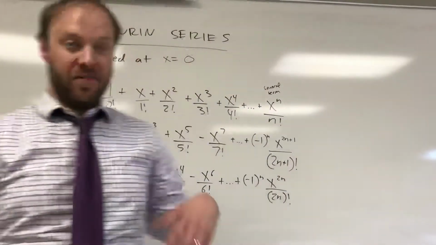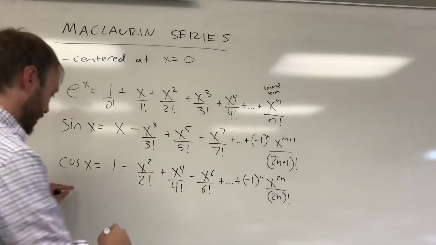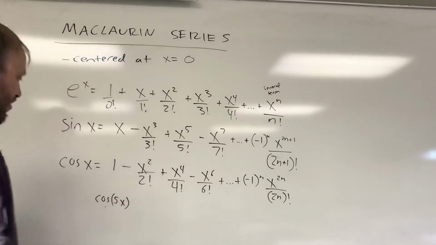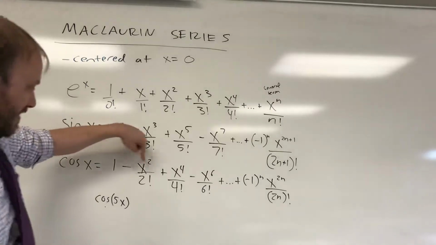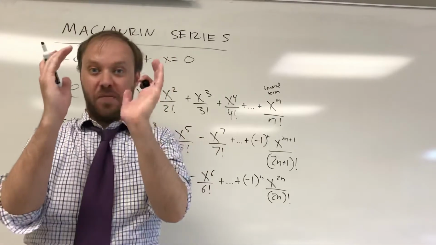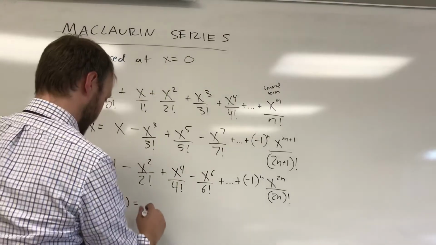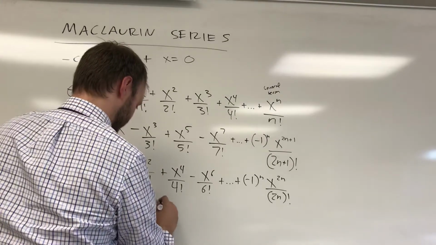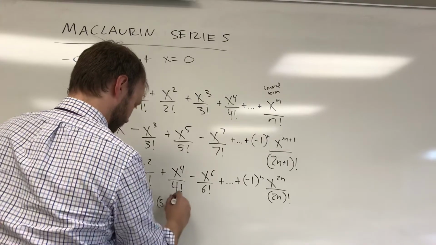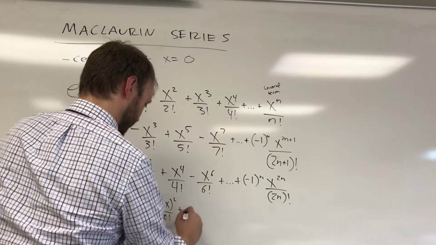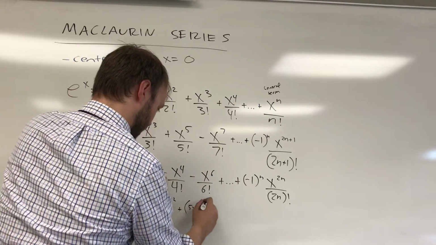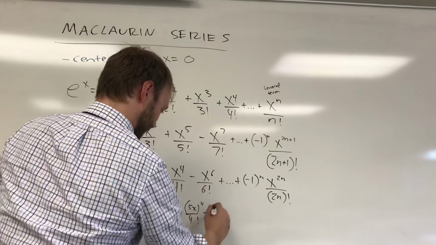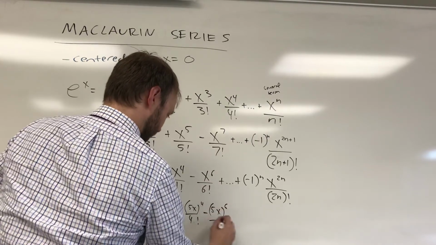And again, if you want to very quickly generate different series, if I want cosine of 5x, okay, my input has changed from x to 5x. So everywhere I see an x, I'm going to put a 5x, and then make sure that power is getting applied to that whole thing. So cosine of 5x would be, and again, this is centered at 0, 1 minus my input squared over 2 factorial, plus my input to the 4th over 4 factorial, minus my input to the 6th power over 6 factorial.